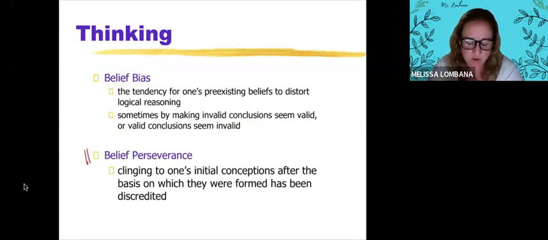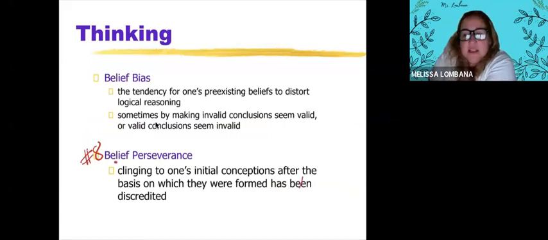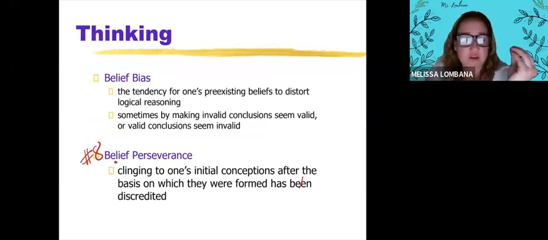Now, the next one, and I think we're at 8, is what's called belief perseverance. Belief perseverance is very much like functional fixedness, or having that fixation, which is you're clinging, and you're going to write this down: you are sticking to your own personal beliefs, even if new information proves you wrong.